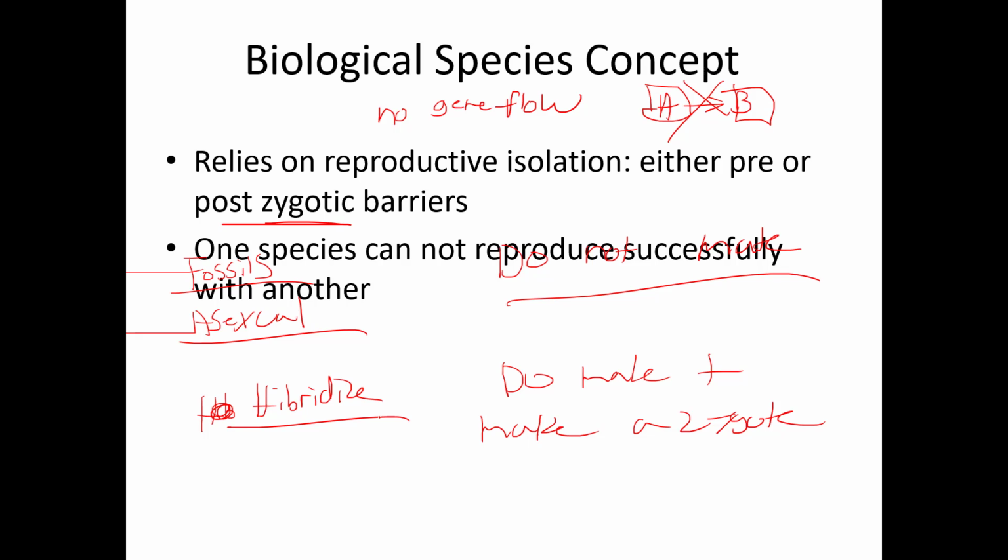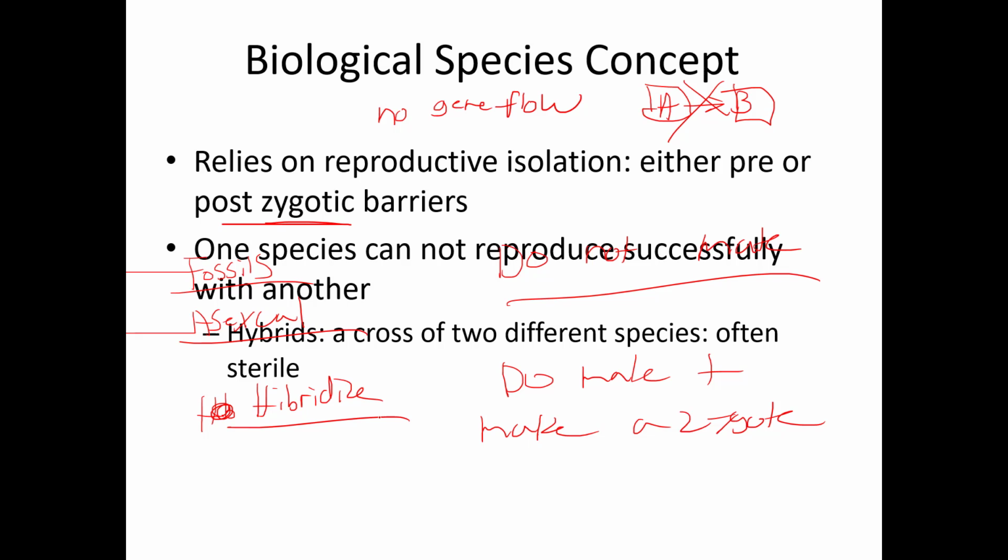So just in a nutshell though, what is the biological species concept? It means that one species cannot reproduce successfully with another. So if you have two critters and they can't make babies together, you can consider them different species. Okay. And when I use the word hybrid, I mean a cross between two different species. Usually one of them is sterile, but not always. That's when it gets complicated.